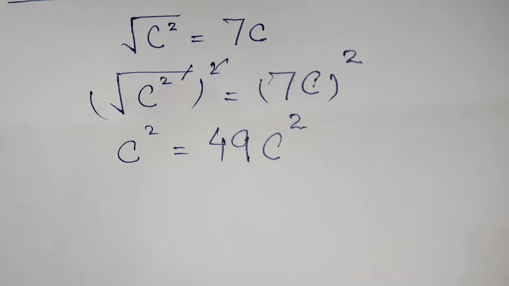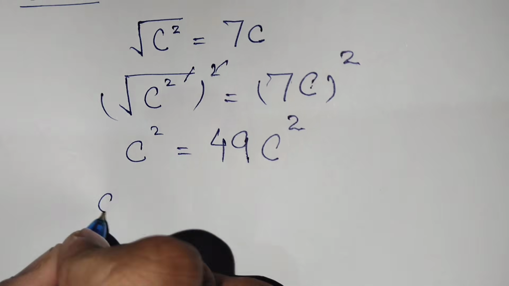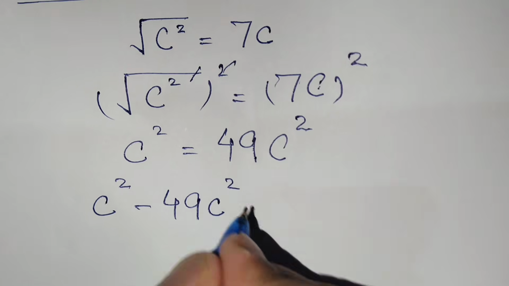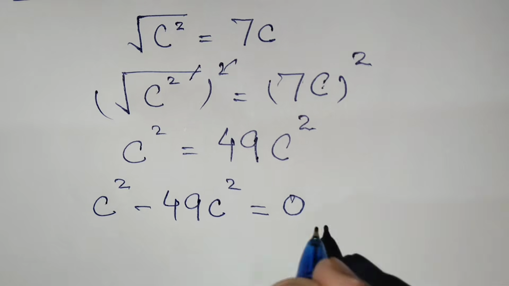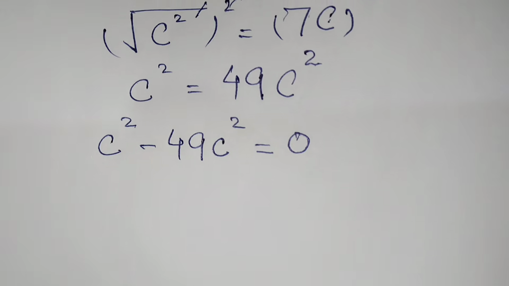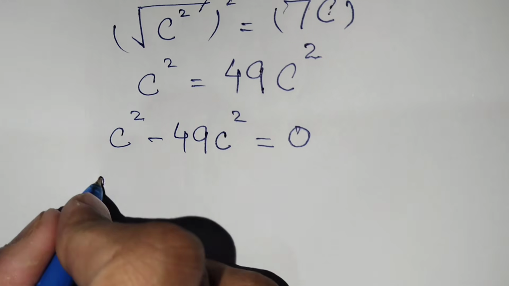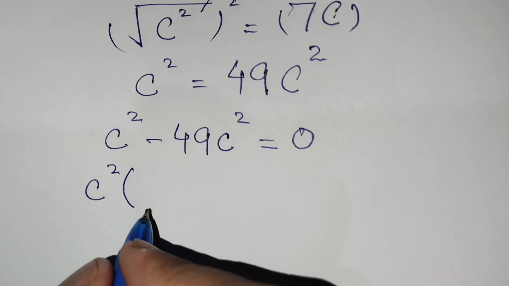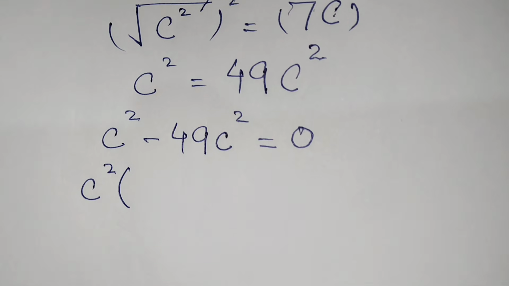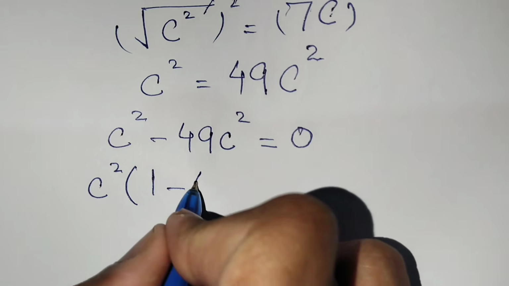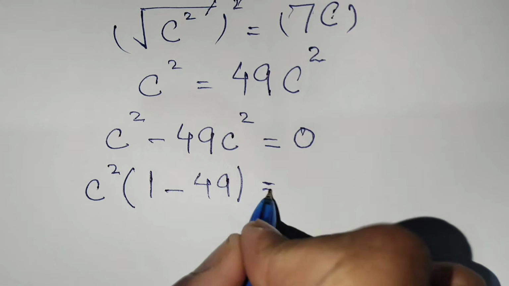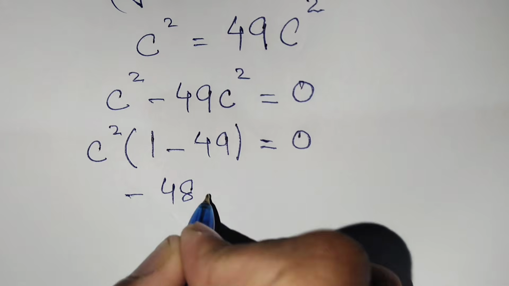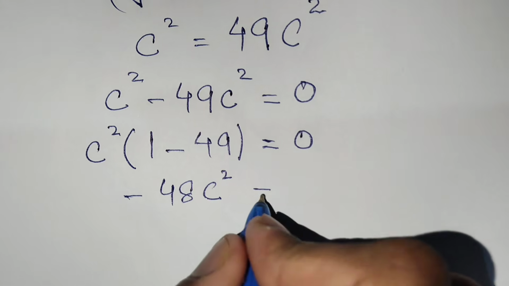Now subtract both sides by 49 c square: c square minus 49 c square equals 0. We have to find the value of c. So taking c square common, 1 minus 49 equals 0, that is minus 48 c square equals 0.